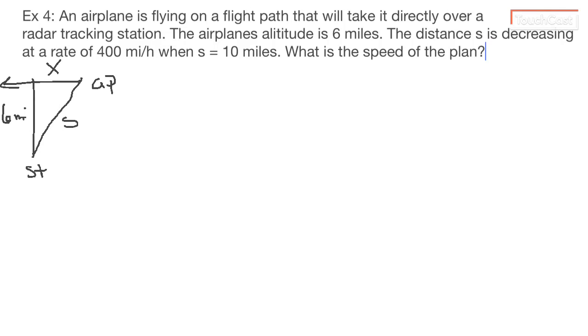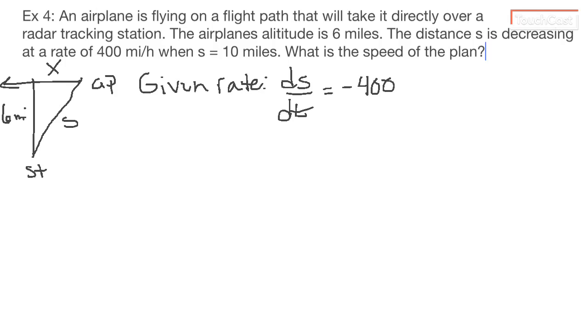So now I'm going to start writing some stuff that I know and don't know. My given rate is ds/dt, the change of the distance from the airplane to the station over time, which equals negative 400 miles per hour, because it's decreasing, when the distance is 10 miles.